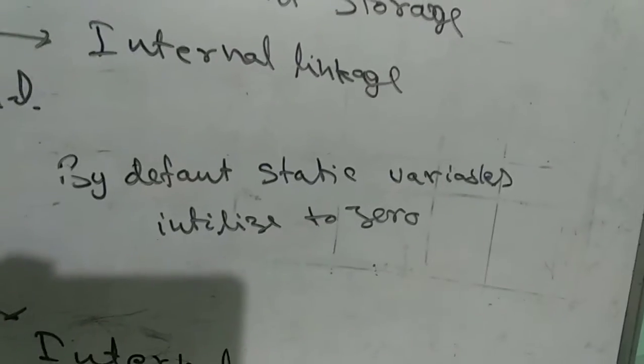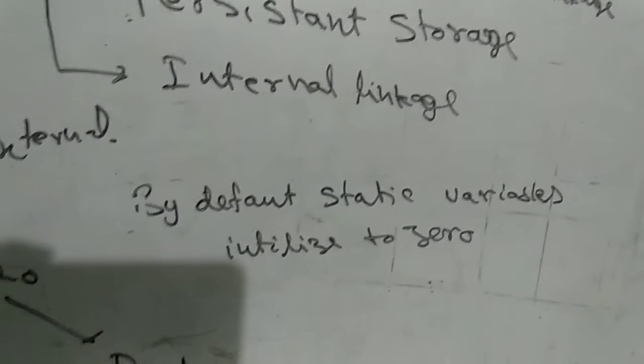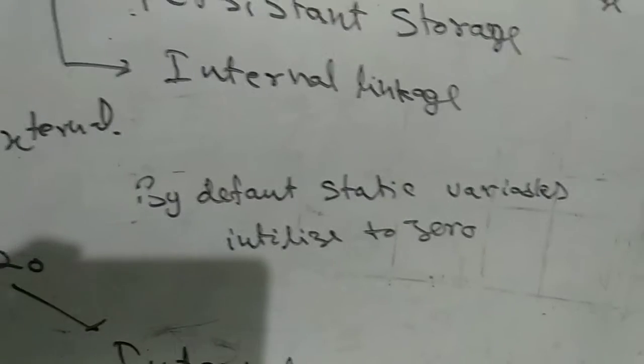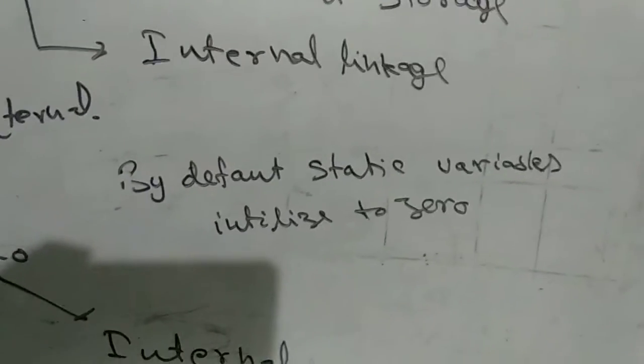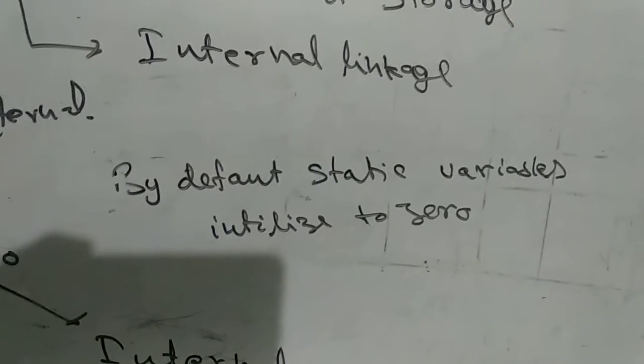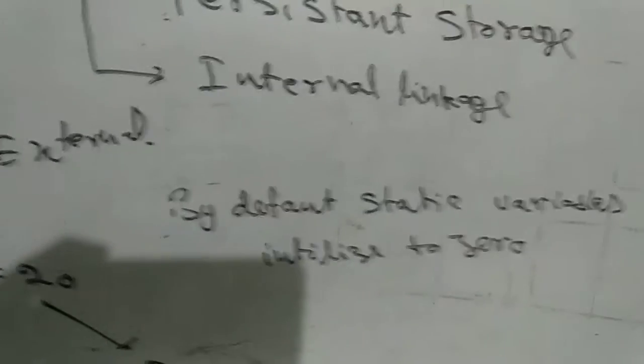By default, static variables are initialized to 0; there is no need to initialize them. Generally, auto or local variables need to be initialized to some value, otherwise a garbage value will be stored. But here the compiler automatically initializes to 0.